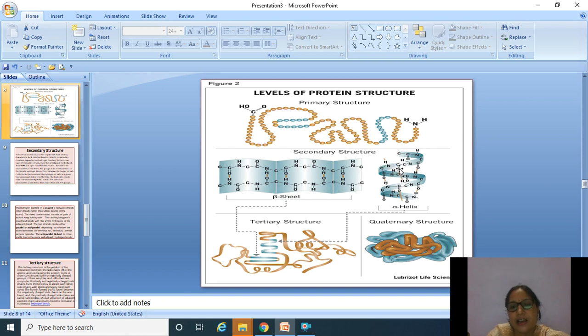Here this is the carbonyl group, this is the first amino acid, and this is the second, third and fourth.